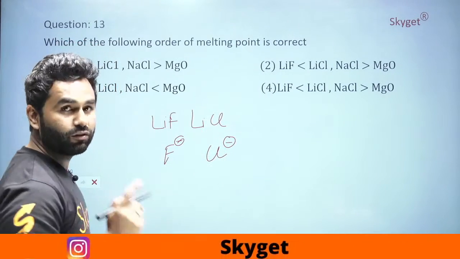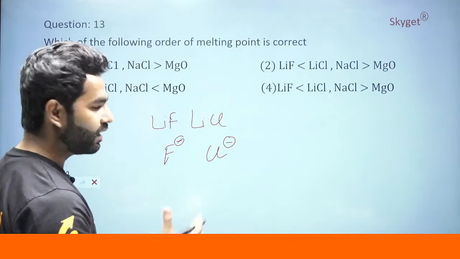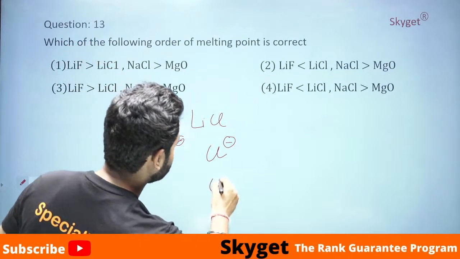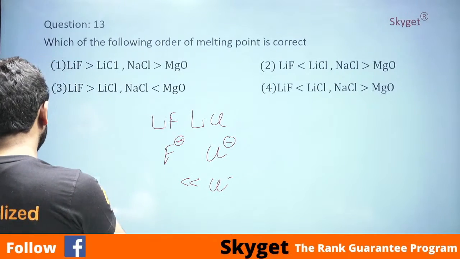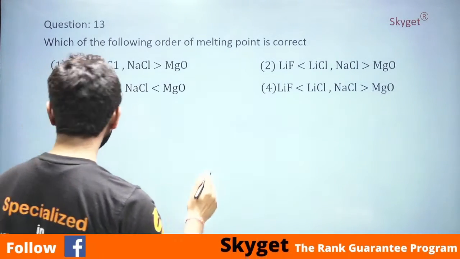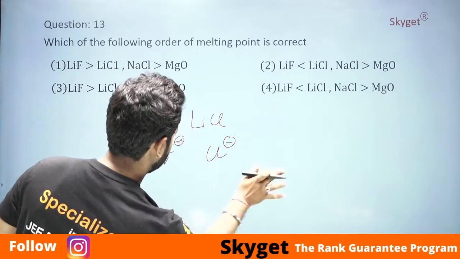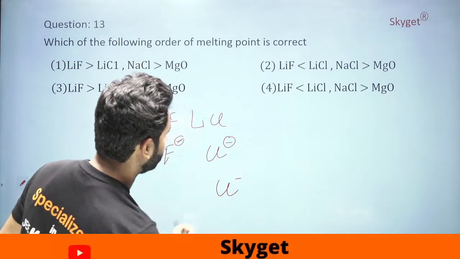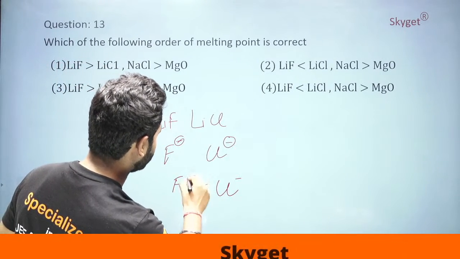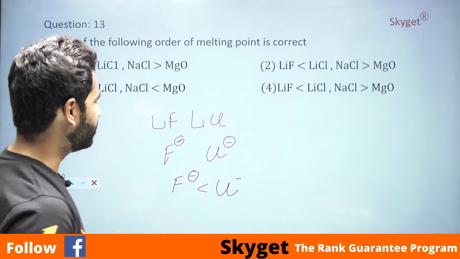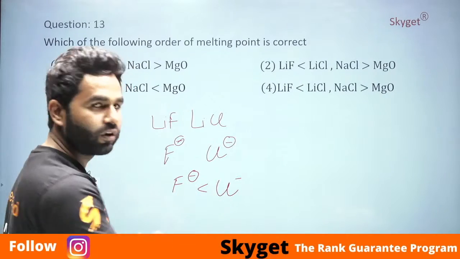But one thing we need to notice is that the ionic radius of Cl minus is very high, which means it's bigger. The ionic radius of Cl minus is bigger than that of F minus, because Cl has a larger size compared to the fluorine atom.